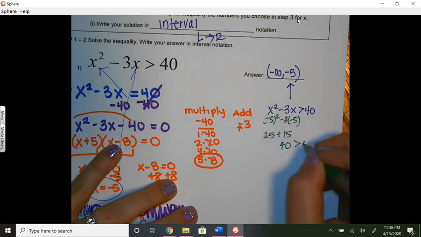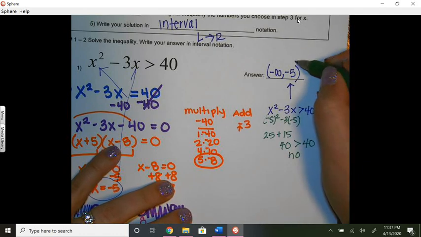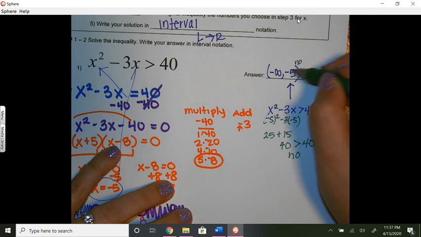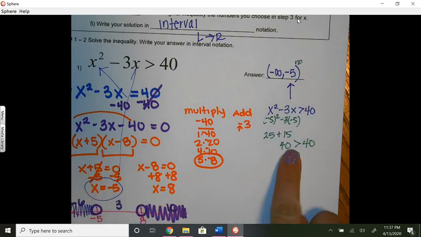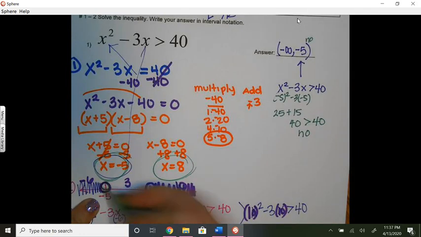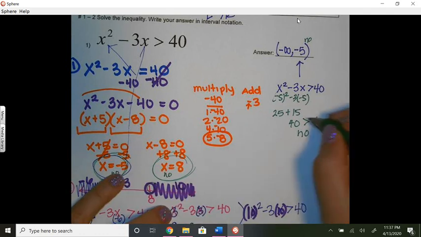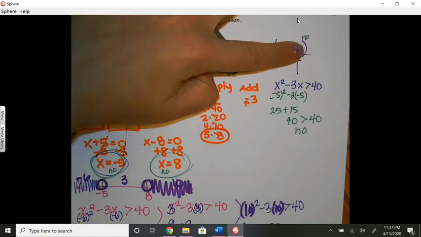And this does not work. That is why there's a parenthesis here, because this number next to it doesn't work. It's not equal to. So again, these two numbers right here have open circles because they are no. They don't work if you plug them in. It makes it equal. So that's why you're putting the parenthesis here.